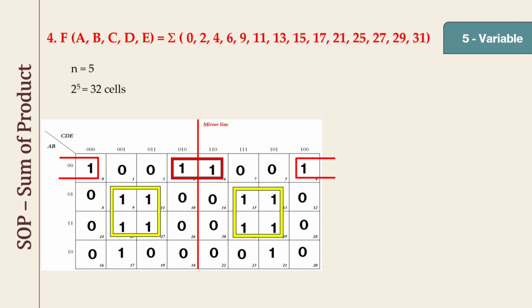Now we have the logical high value at the cell number 17 and the cell number 21. We can group these 2 cells, but we must always go with the larger grouping, so we consider the cell number 25 and 17 along with the cell number 29 and 21 as a single group, so that we are going to get 4 cells in this group.